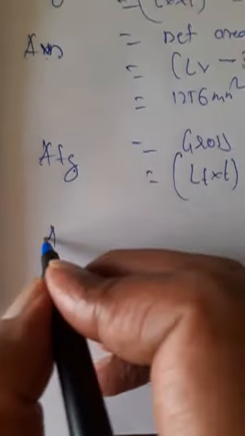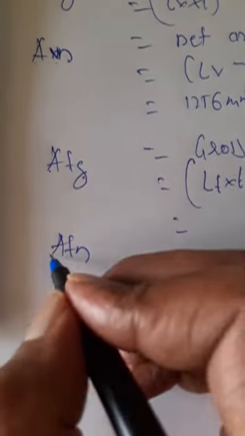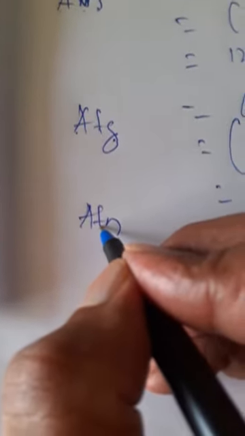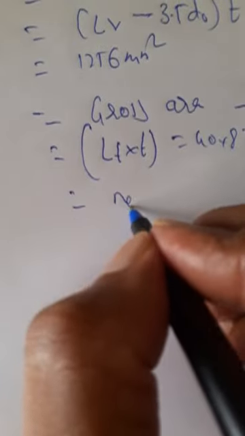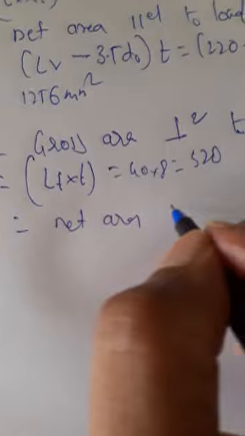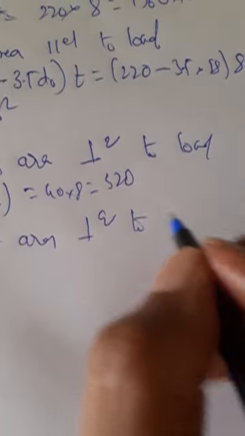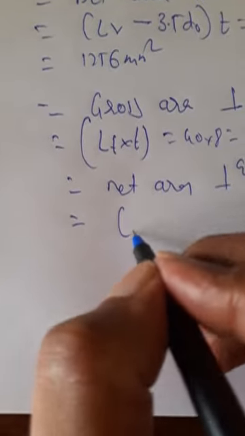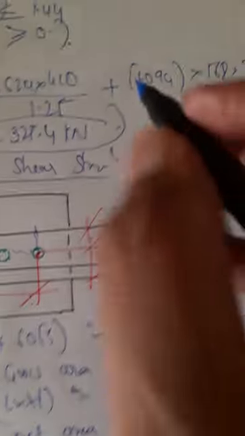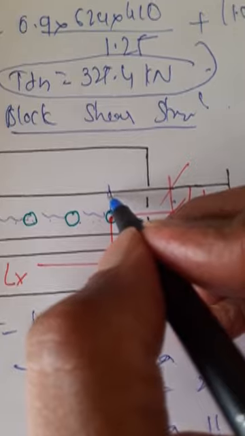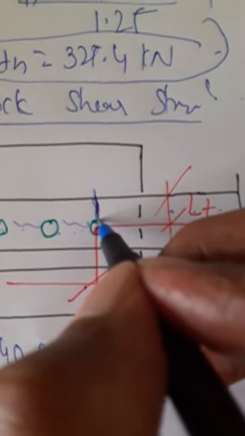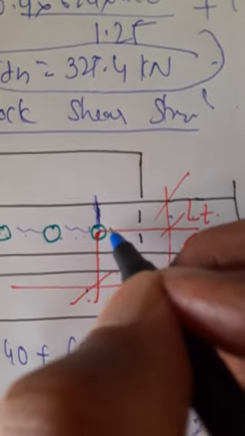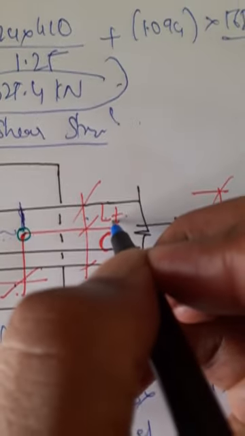Next, ATN. A is area, T is tension, meaning perpendicular to load, N stands for net. So net area perpendicular to load. So net area is LT minus, look at this diagram. I have to find only this much length, from the top of this bolt hole till here, and from the center I am having LT.